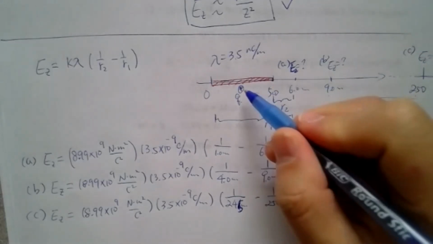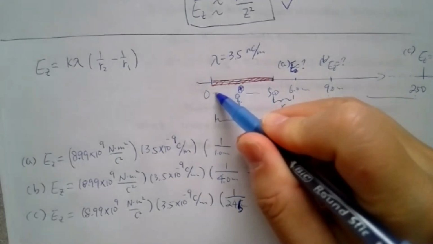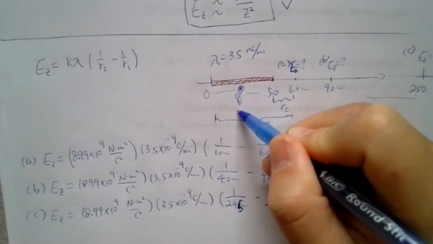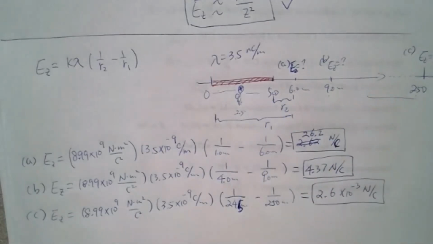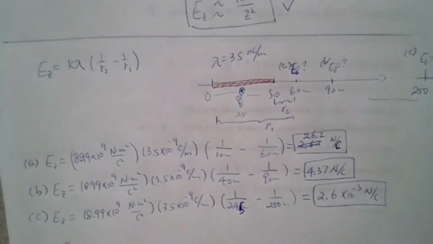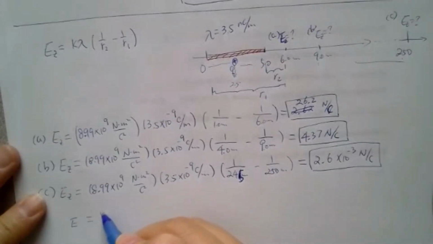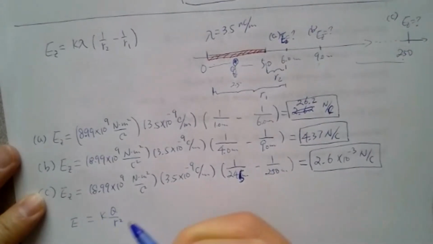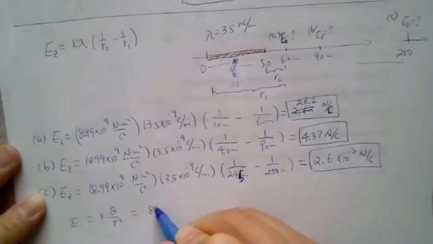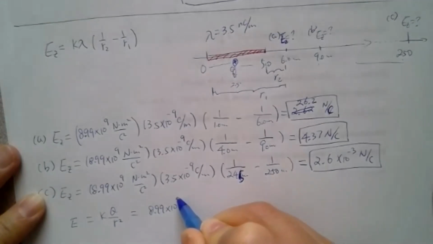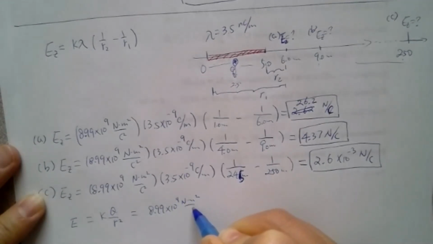If this is at the center, then this is at 2.5, right? So then E at that point will be equal to kQ over r squared, where k is 8.99 times 10 to the 9th.